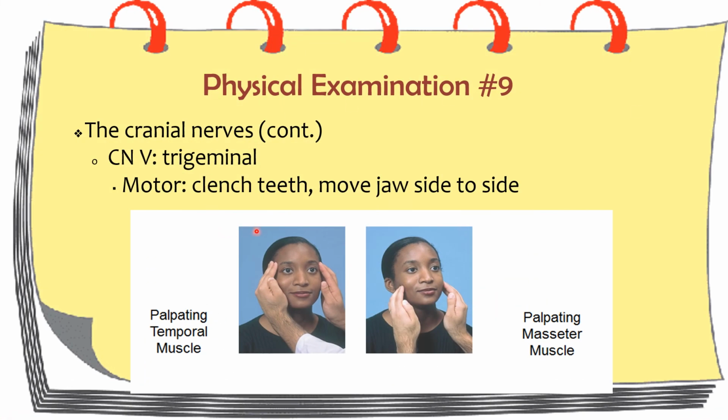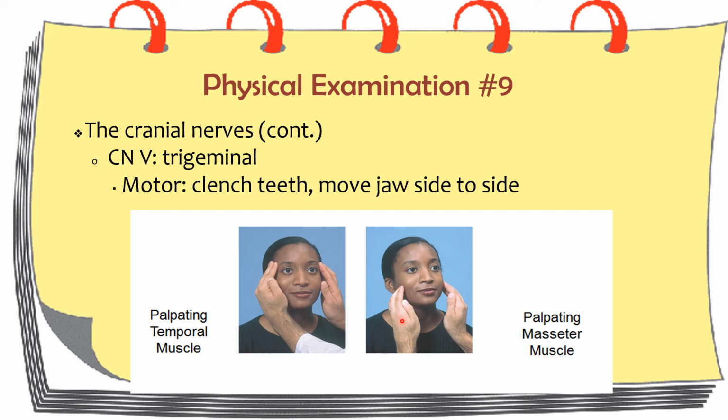For cranial nerve number 5, or the trigeminal nerve, you can do this by palpating the temporal and then the masseter muscle. You can ask the patient to clench the teeth, and then note the strength of the muscle contraction. You can ask the patient to move the jaw side to side. If there is difficulty clenching the jaw or moving it to the opposite side, this indicates masseter and lateral pterygoid muscle weakness.